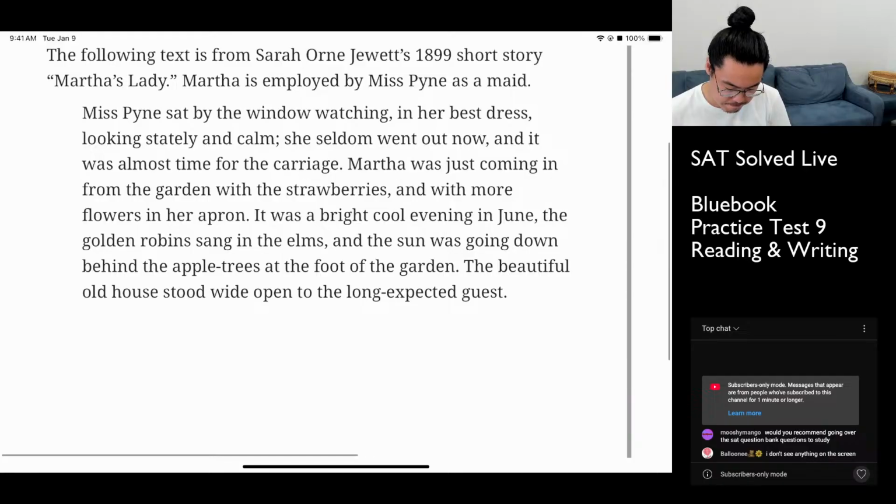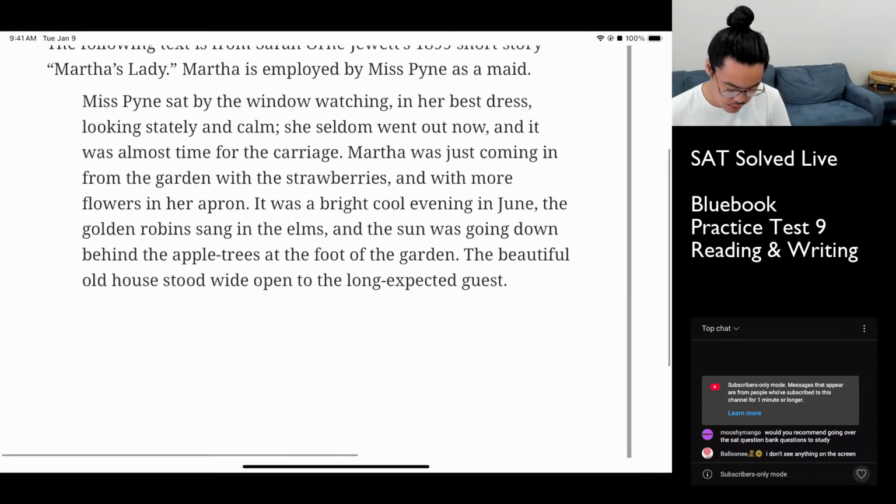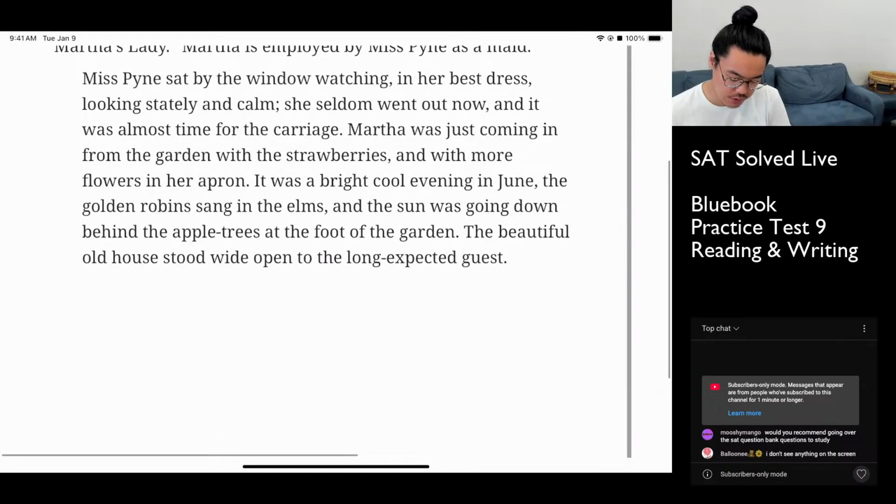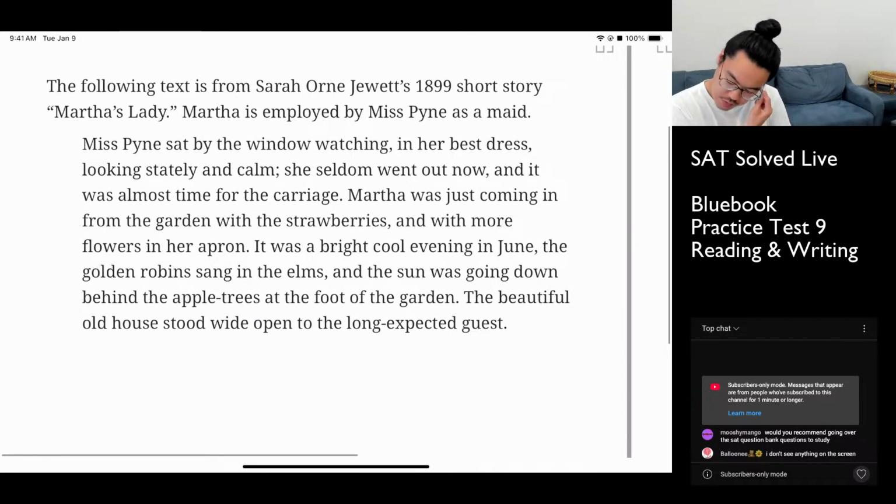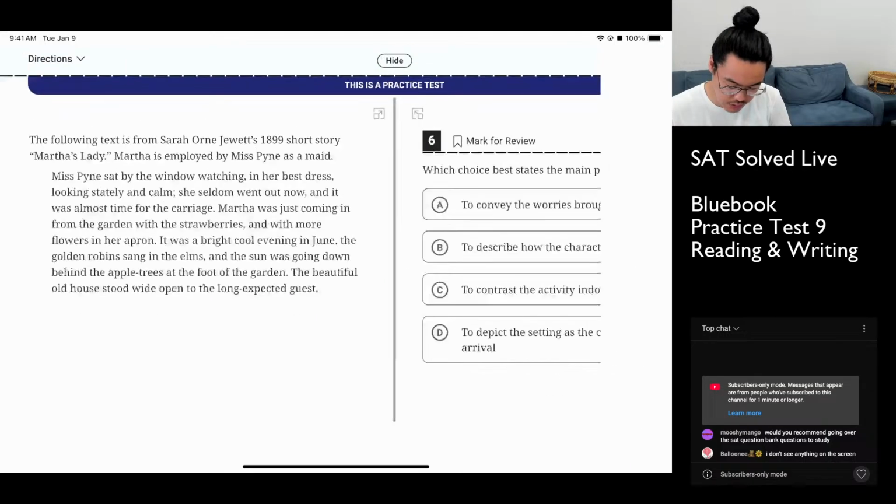And it was a bright, cool evening in June. Golden robins, apple trees, beautiful old house. And then there's going to be a guest. And the guest is probably not Martha because Martha is a maid, so it's probably a separate person.